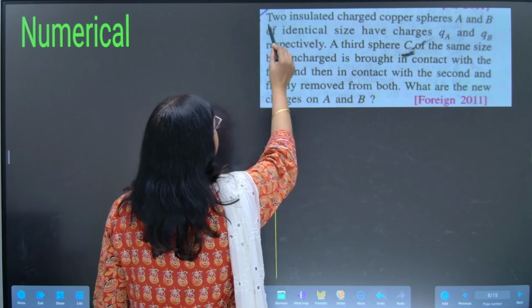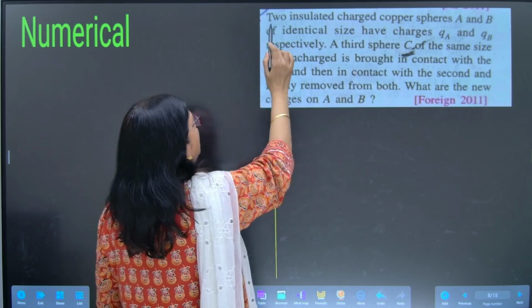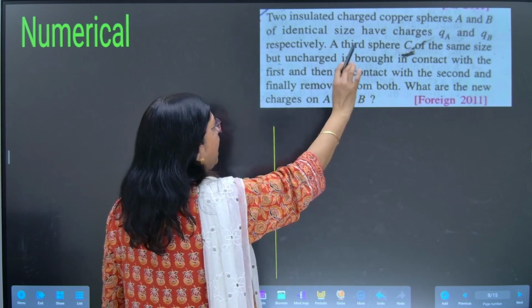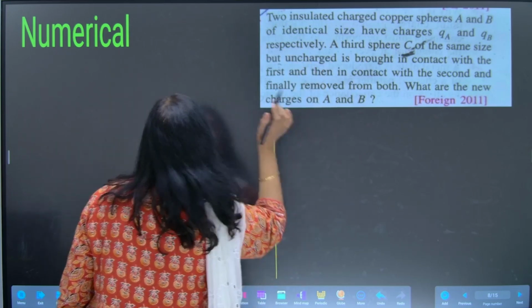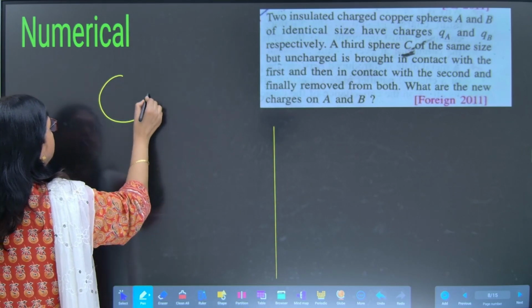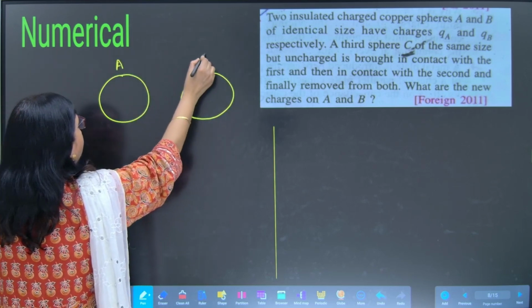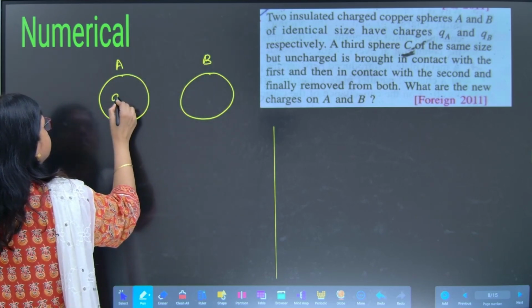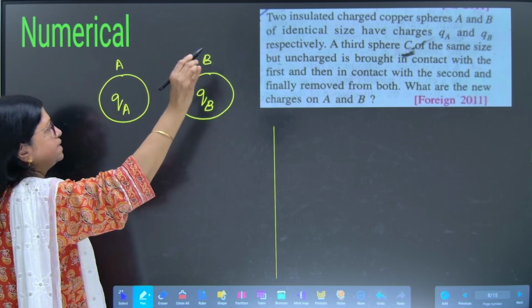We have 2 insulated charged copper spheres A and B of identical size having charges QA and QB respectively. So let us draw 2 identical spheres A and B with the charges QA and QB as given.